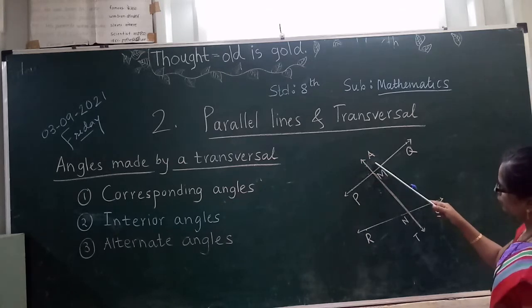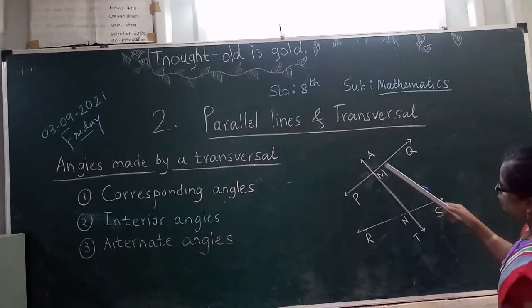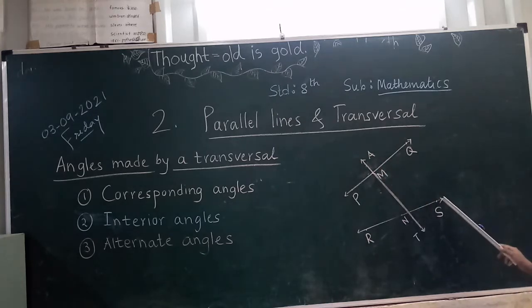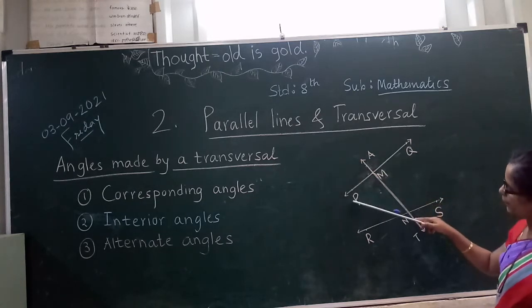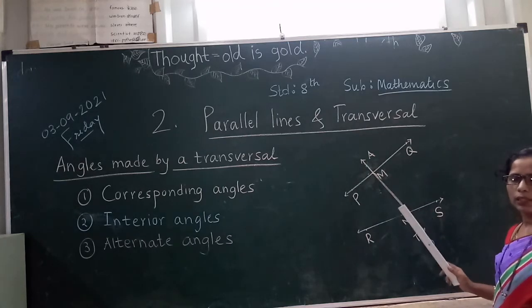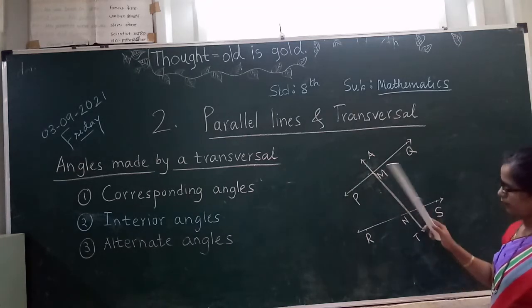Are you getting me? See here. Therefore angle AMQ and angle MNS are the corresponding angles. Similarly angle AMP and angle MNR are also corresponding angles.